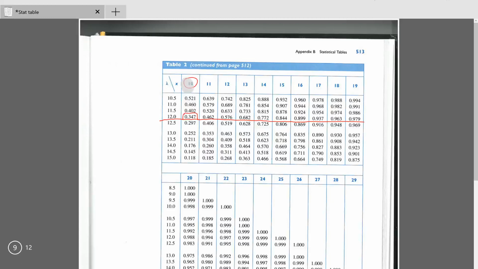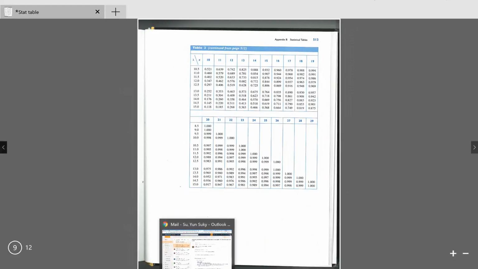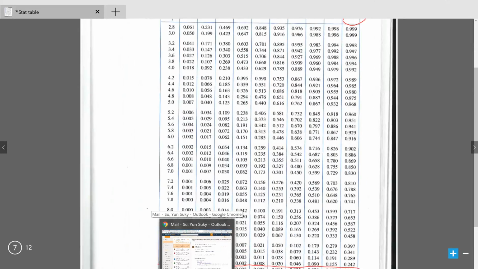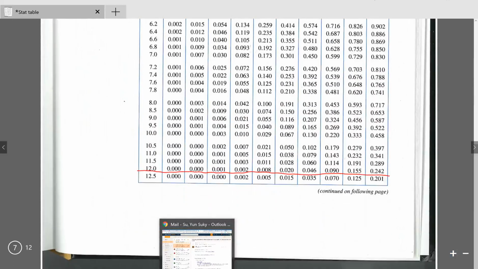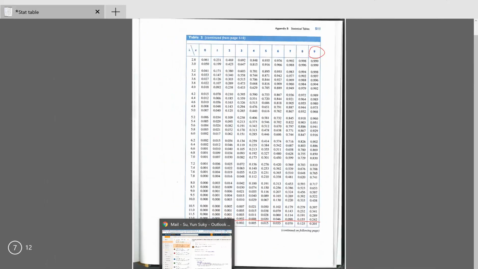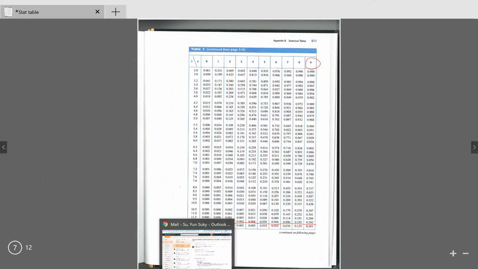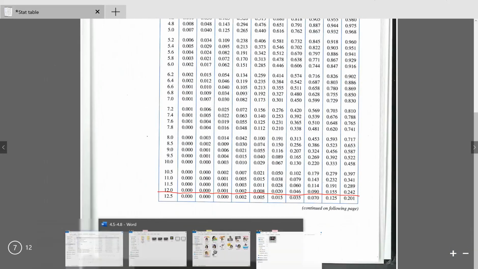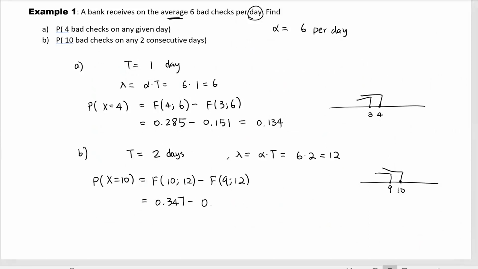Okay. And let me erase that. Let's come back here. All right. So we get 0.242. So plug this in your calculator.